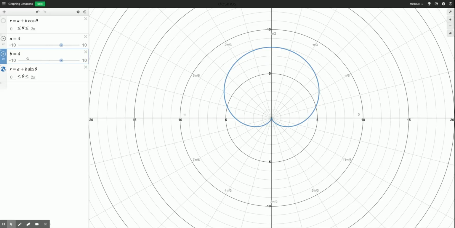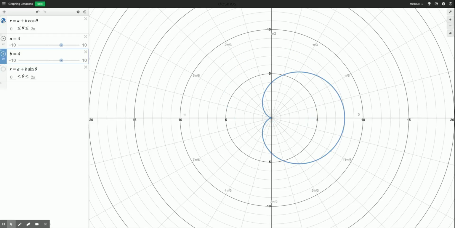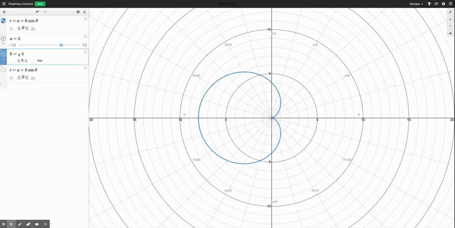Now, what happens if b was negative 4? Let's go back to the cosine one. What that did was it took your curve and reflected it. Why? Because you now have a negative cosine curve. So you have 4 plus negative 4 cosine of theta.